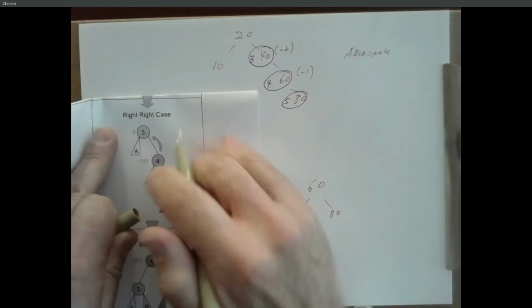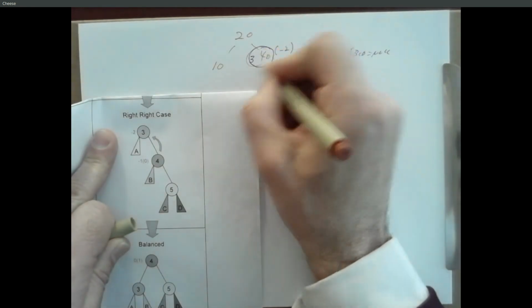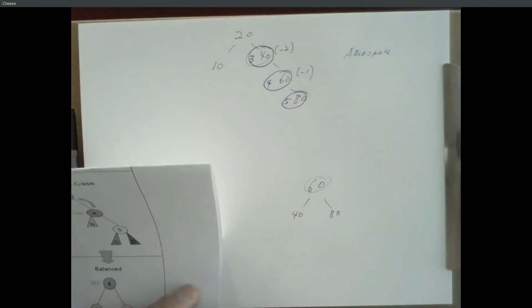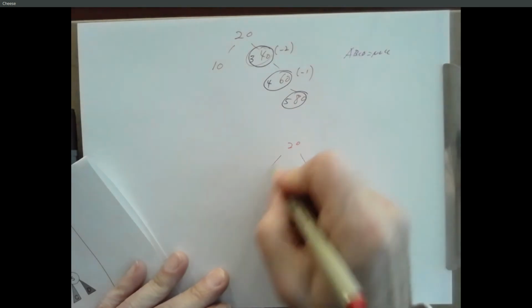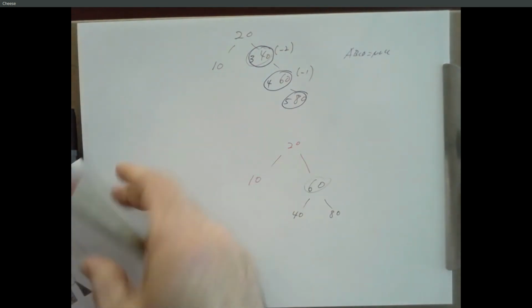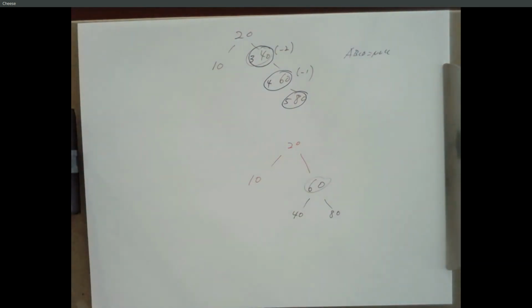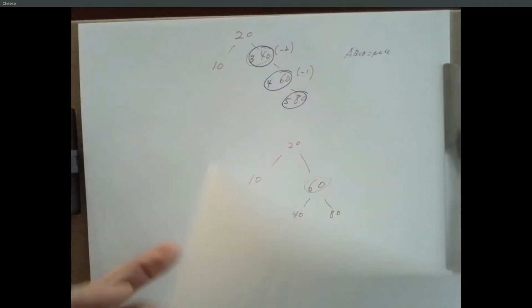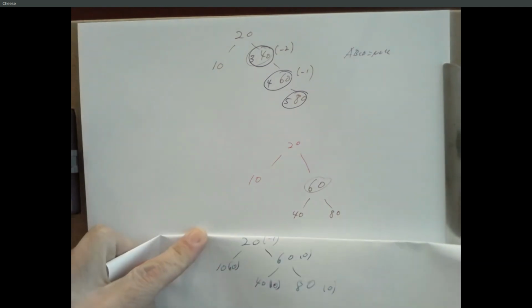And so we've replaced what was node 3, that's this node, with our new node 60, and the rest of the tree stays exactly the same. So this is still a 20, and that's still the 10. All right, and that's what I promised you we would end up with: the 20, 10, 60, 40, 80.